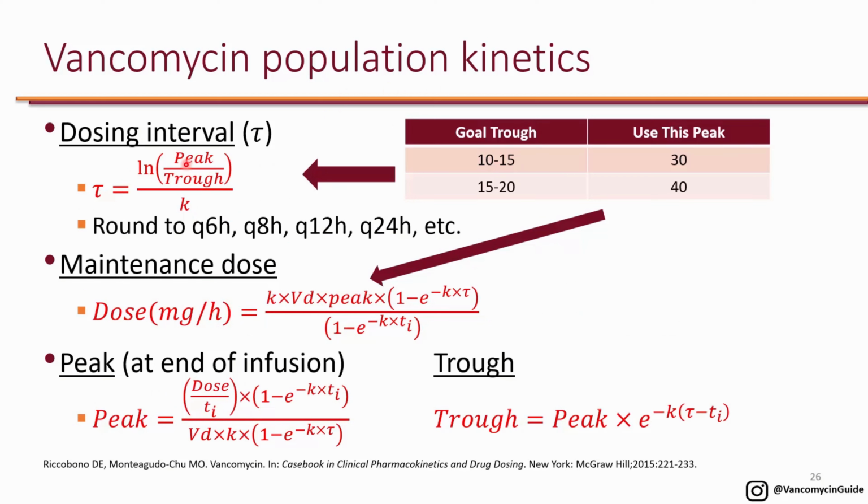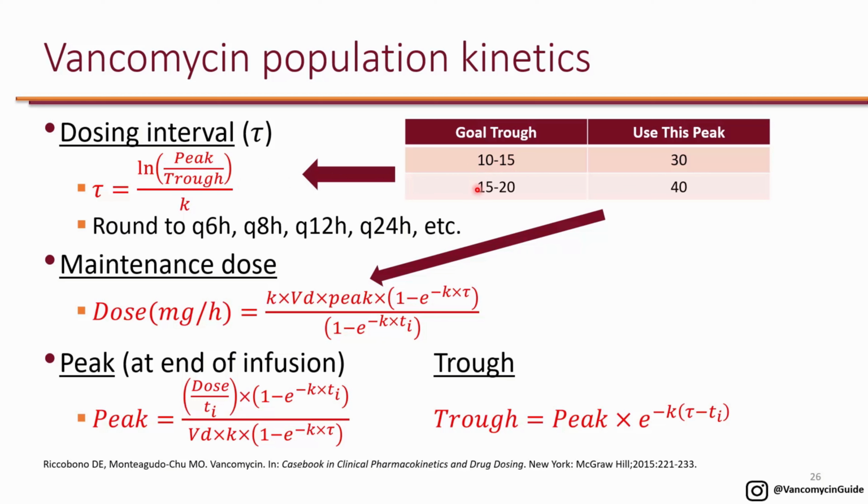So for tau, you want to use your target peak and trough. Based on the infection, IDSA has recommendations of what your goal trough should be. So you either have a target trough of 10 to 15 for non-severe infections, or you have a target of 15 to 20 for severe infections. So you pick something in the middle. If your target is 10 to 15, you can choose either 12 or 13 and put it in the trough.